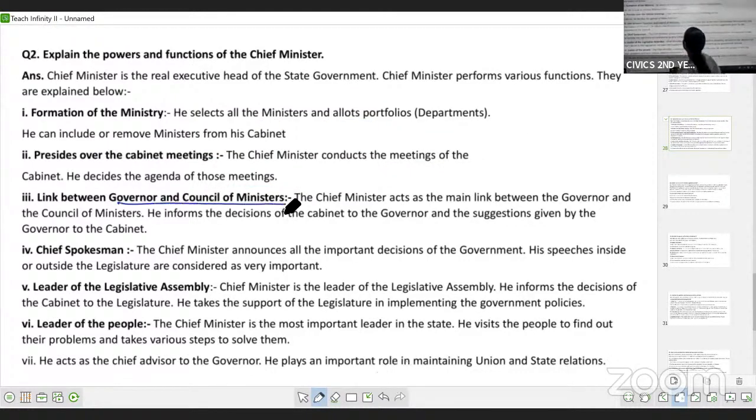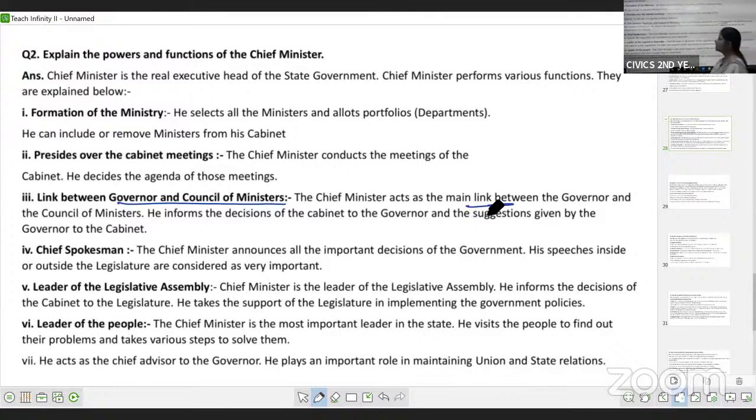Whatever decisions are taken in the cabinet meeting, he will inform that to the governor. And if governor wants to give any suggestions, he will take those suggestions. So he is the link between the governor and the council of ministers.